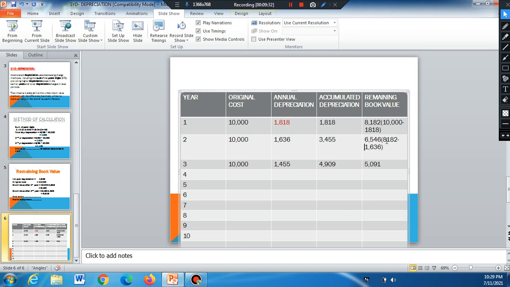Okay, so this is the remaining book value after second year, and so on. We will keep on calculating like this. Okay, and the same method will be applied here on the third year.